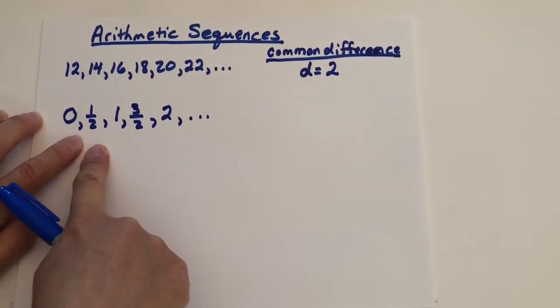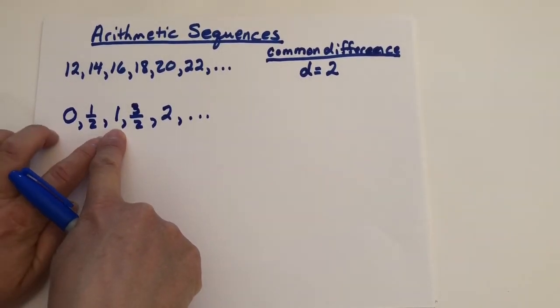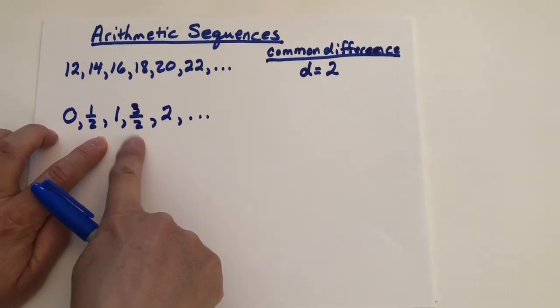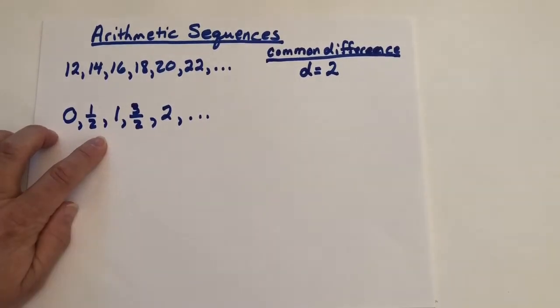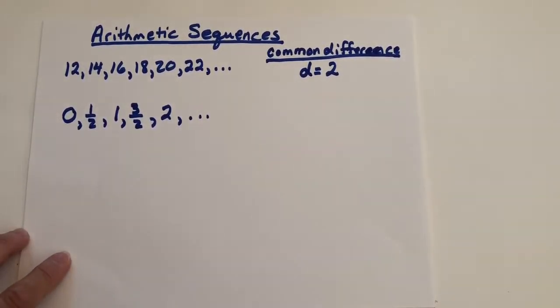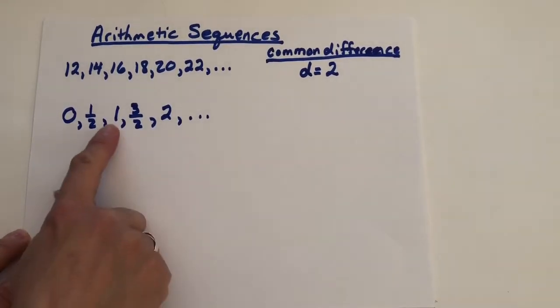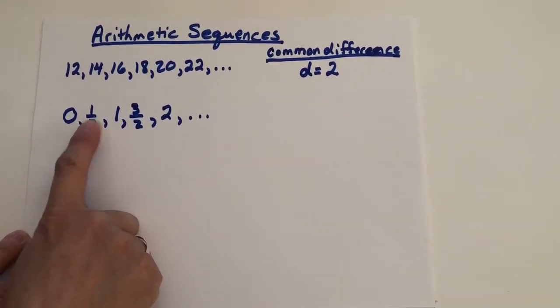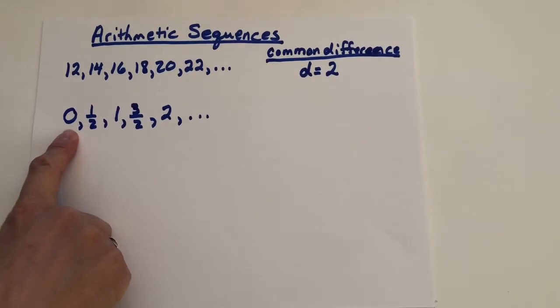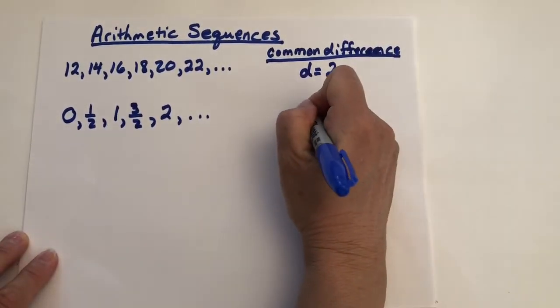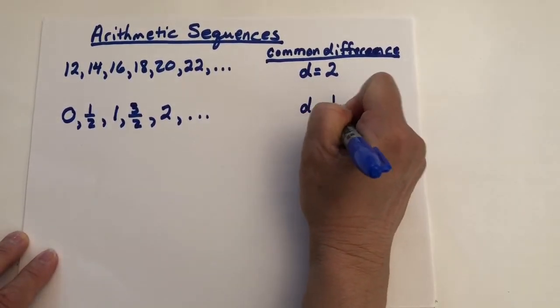Add another half and you're at 1. Add another half and you're at 1.5 or 3/2. And again, the common difference is 1/2. 1 minus a half is a half. 1/2 minus 0 is a half. So we would say D equals 1/2.